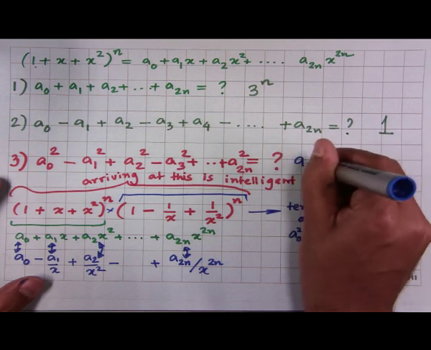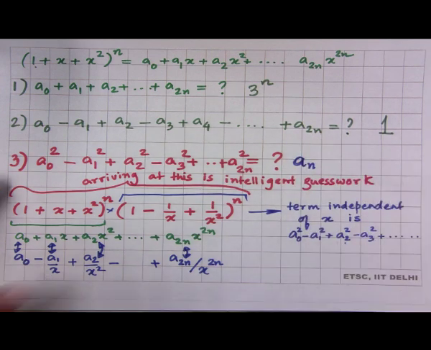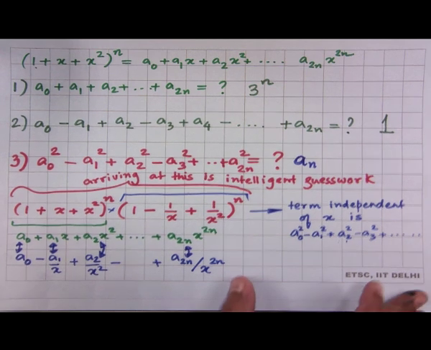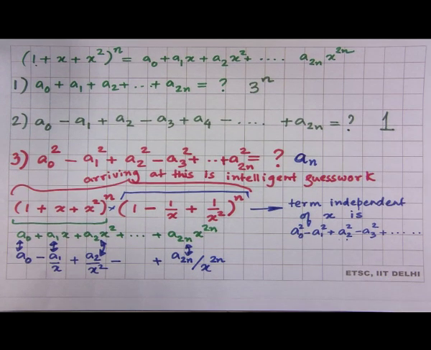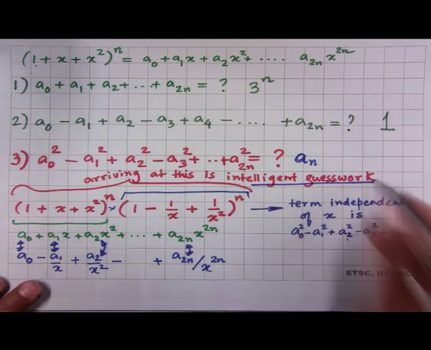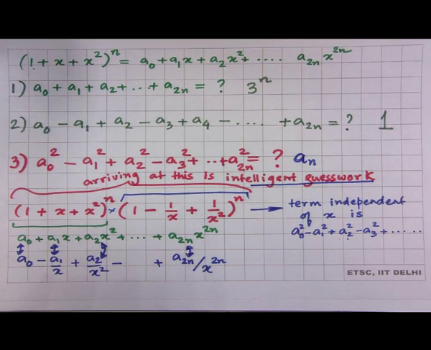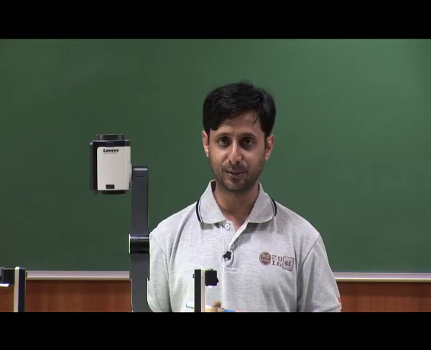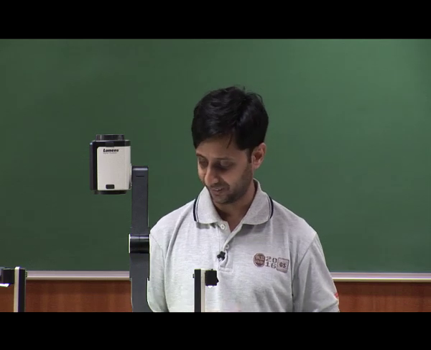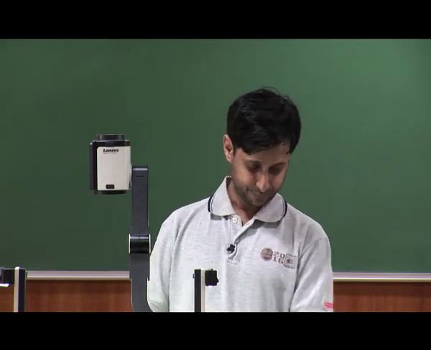I got this as a n. Okay. The clue over here is this intelligent guesswork. I am sorry, this guesswork cannot be taught, it comes only with practice. The more you practice, the better you will be able to make these guesses. Okay.